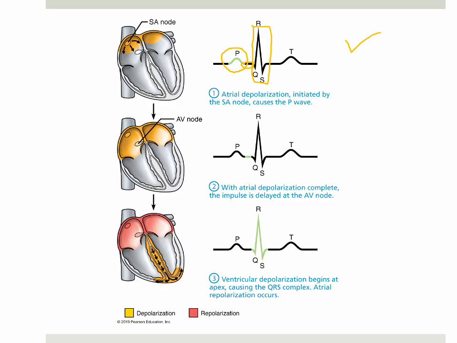As you notice, these don't contract at the same time because it's not efficient; otherwise there's not going to be enough time to fill and eject blood, okay? Once the depolarization is complete, it goes to this baseline, and then you see the depolarization happening here in the ventricle walls. Now on the next slide, we're going to see that this depolarization is complete at this point, okay?